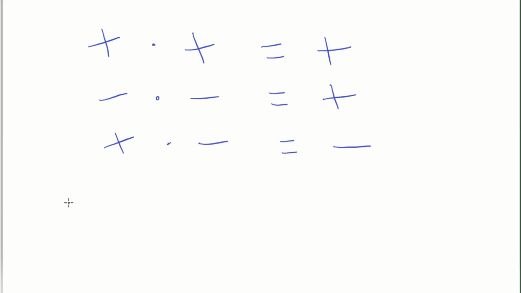But if you're multiplying a bunch of numbers together that are positives and negatives, there's an easy way to know how it's going to turn out. So if you've got a negative times a negative, that's going to be a positive. If it's times another negative, it's negative again.